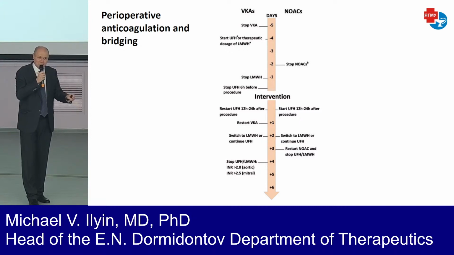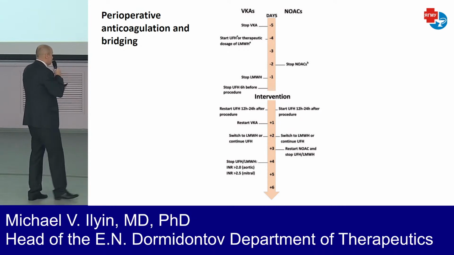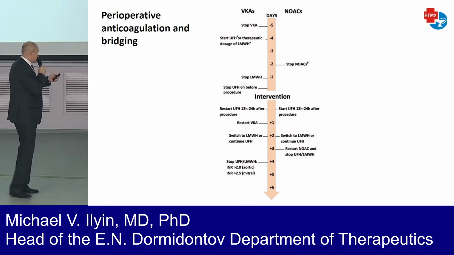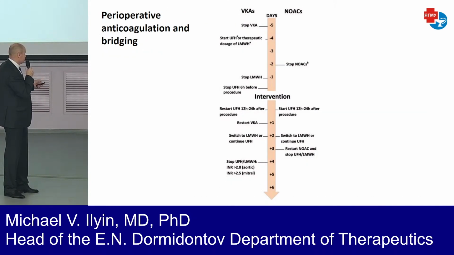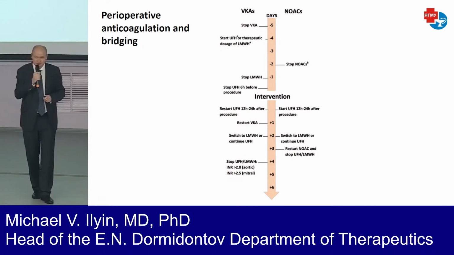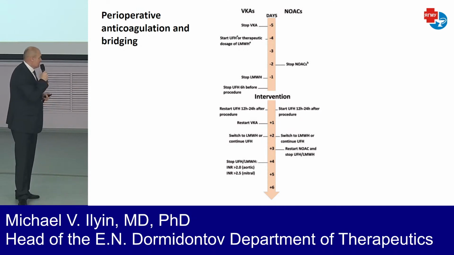until we reach the goal INR, with limits 2.0, 3.0. For different valves, it may be different. Okay? Then we have to switch to low molecular weight heparin or to continue unfractionated heparin, but this is our decision, as you wish.